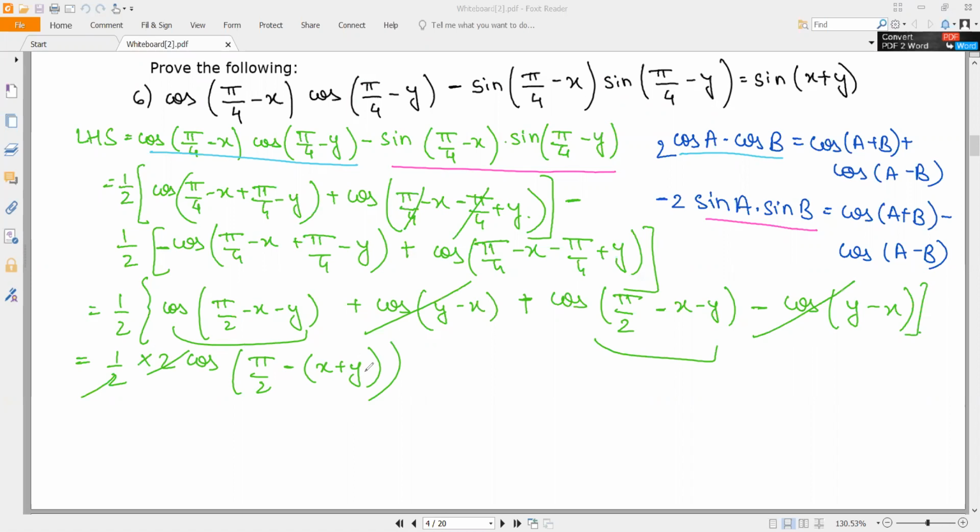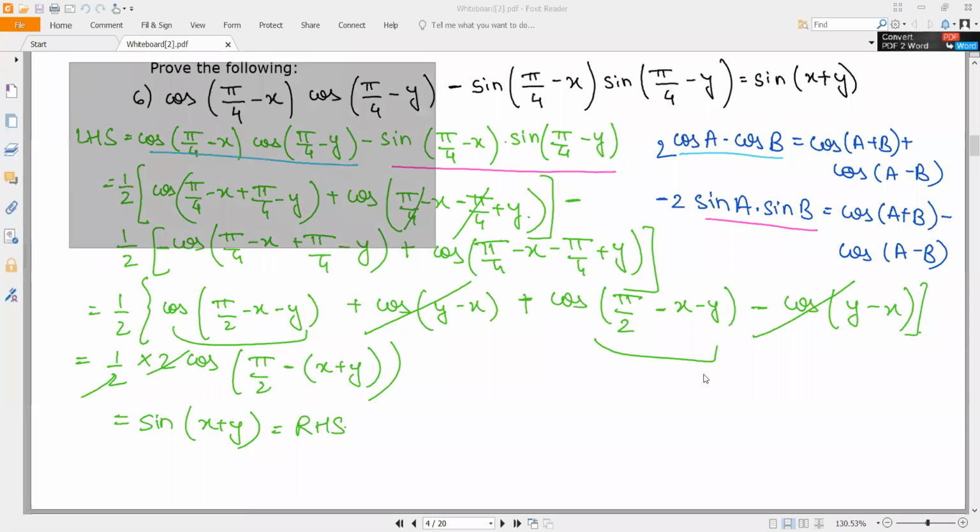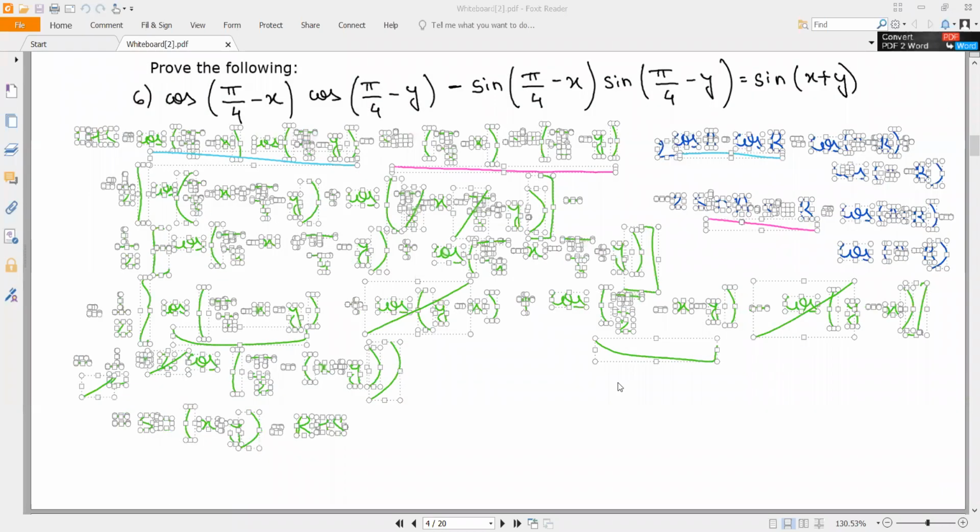So this is in the first quadrant. In the first quadrant, cos pi by 2 minus theta will be equal to sine theta. This is equal to sine, your theta value is x plus y, which is your RHS. Next question.